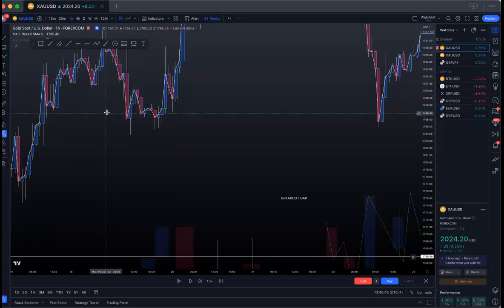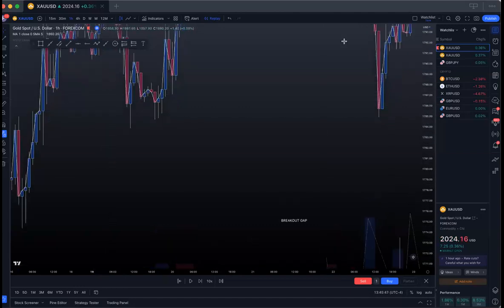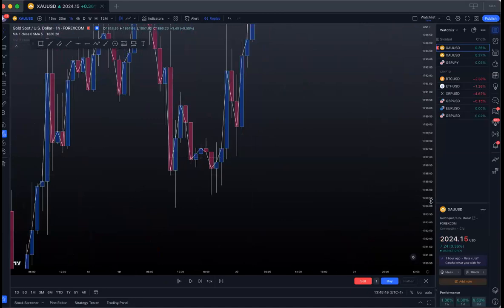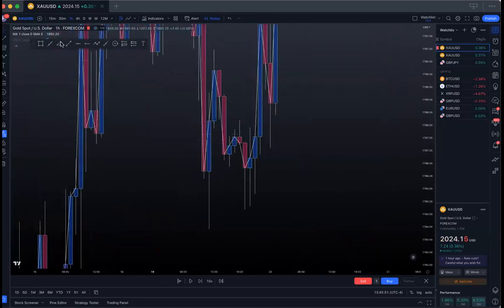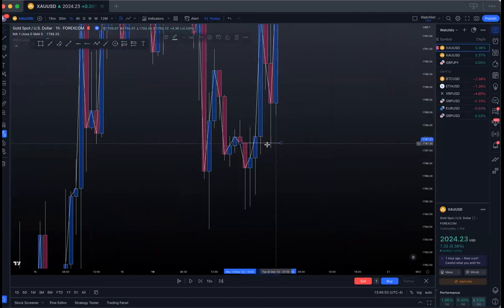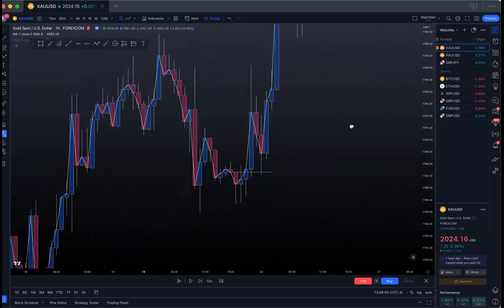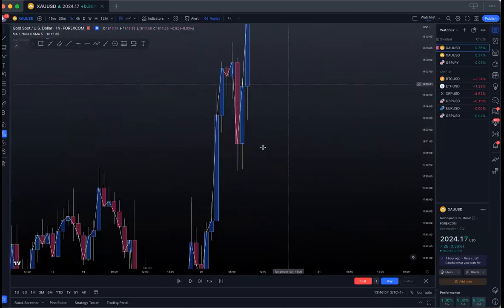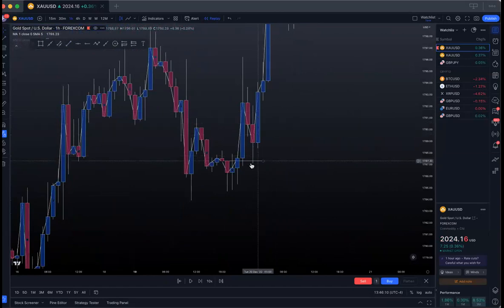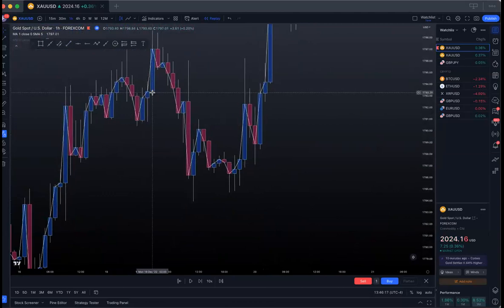You have this open and close, and this is a breakout of this gap level. Then price comes and tests it and just goes forever. It goes to heaven. This is a good example.